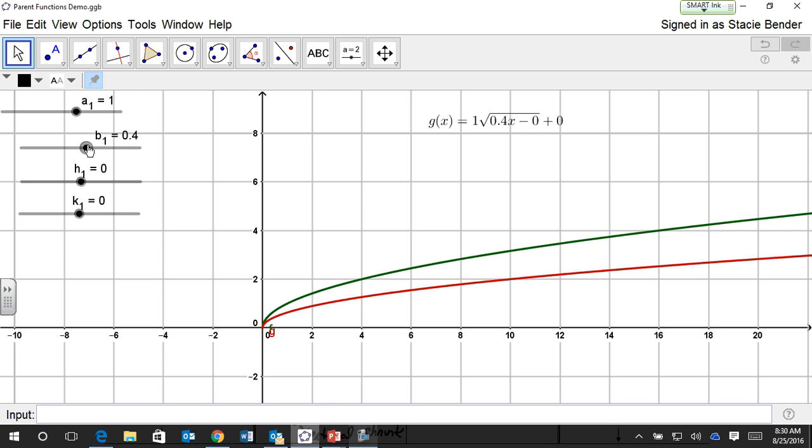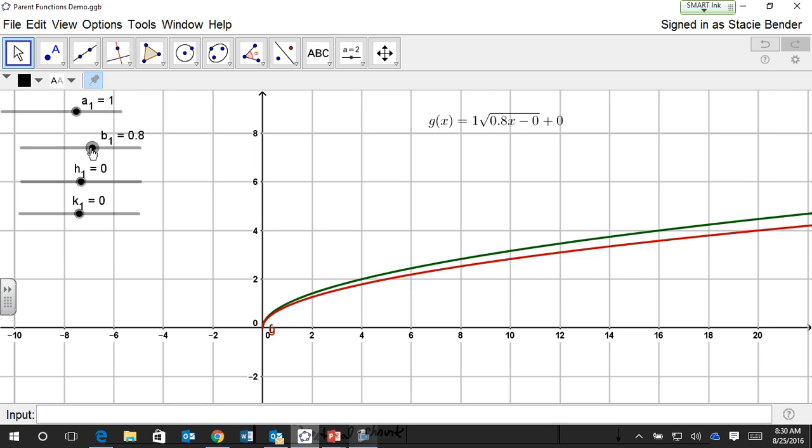Think about this guy as being the horizontal thing, right? So we've reflected it across the y-axis, right? So we want to think about it in terms of horizontal. What's happening when it's a fraction? You see that it's stretching it horizontally?